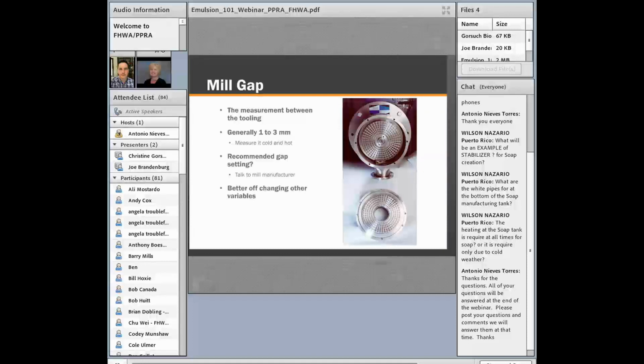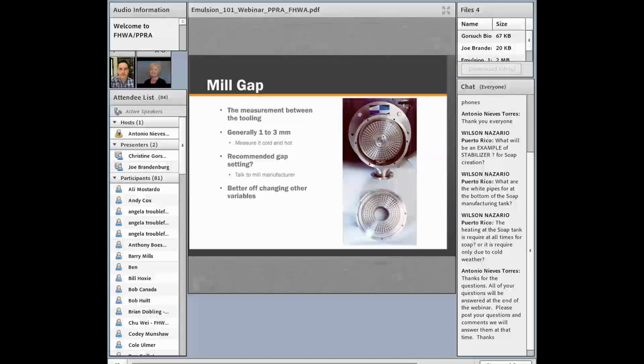And if you're really trying to get an emulsion with a nice particle size distribution, there are other things you can do to your manufacturing process that will allow that tight particle size instead of moving the gap. I'm not a huge fan of moving the gap because with some mills, if you move the gap, you can break the seal or it could start to leak.